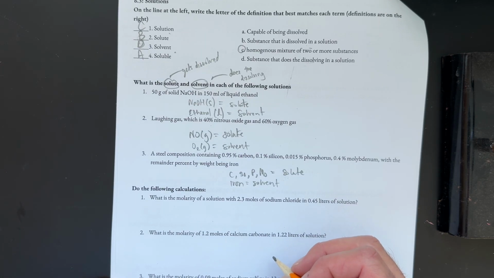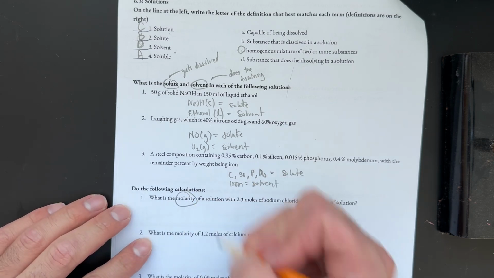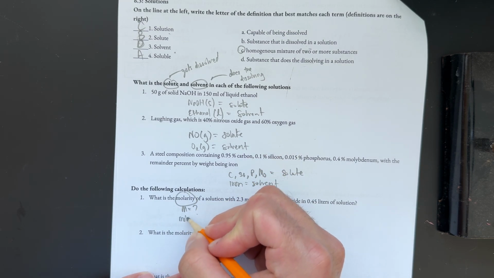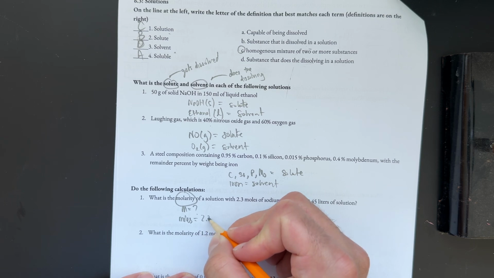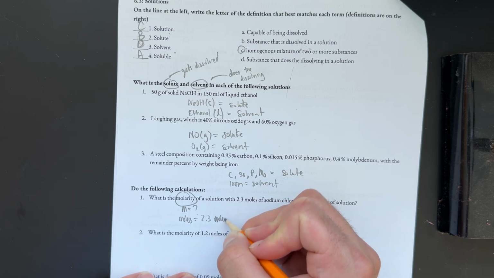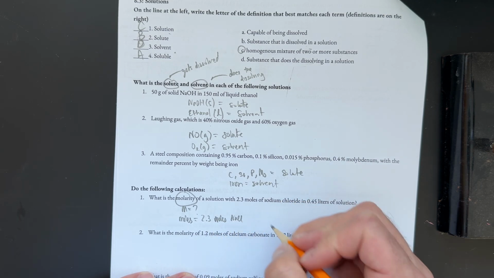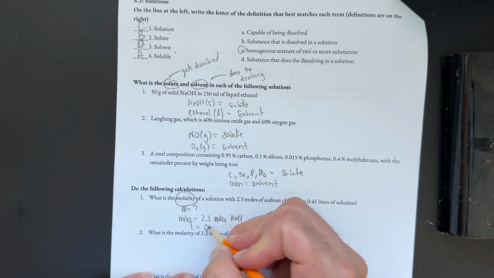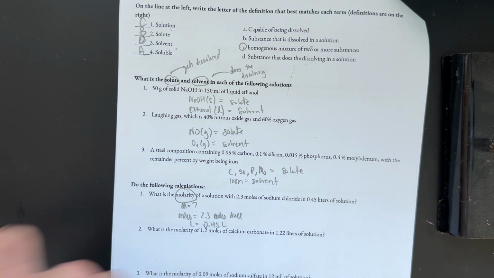Let's apply that to a couple of calculations. What is the molarity of a solution with 2.3 moles of sodium chloride? It's asking for molarity, so the moles is equal to 2.3 moles of NaCl, and the liters is equal to 0.45 liters.